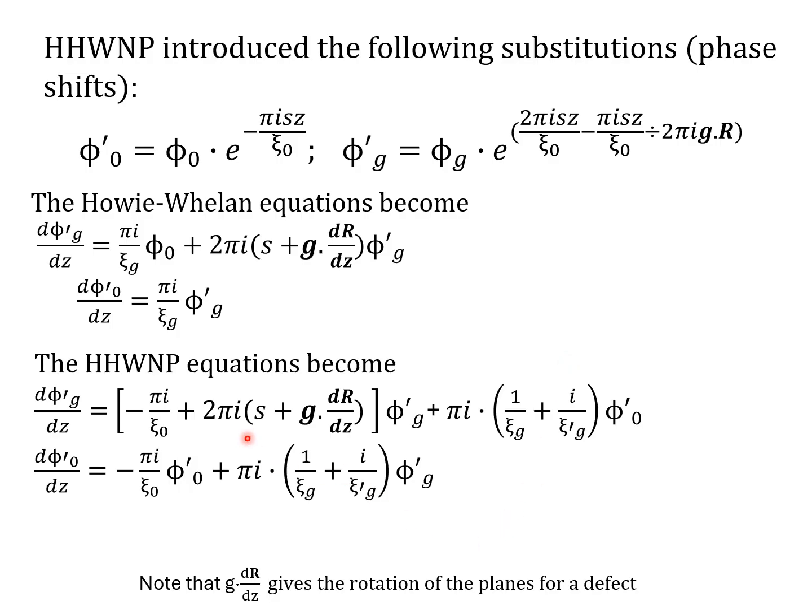You'll notice that the S and the deviation from G, or the scattering effect of defects, dislocations, and stacking faults, when you make these substitutions, is extracted from the exponential form, and it just becomes a multiplier in this particular case to some new wave amplitude.